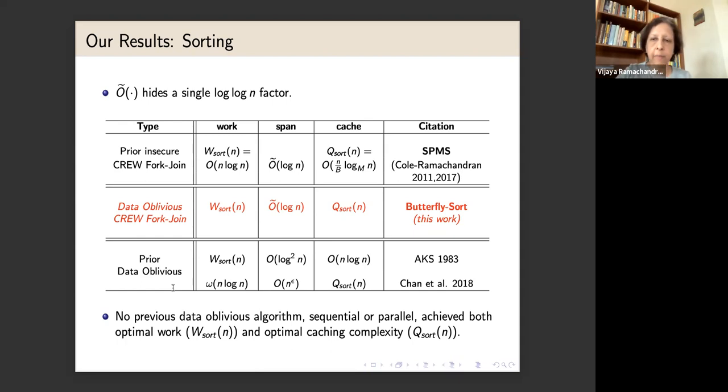I've listed a couple of bounds. AKS, the sorting network, achieves optimal work, but it's way off in caching complexity, and its span is also larger than ours. And Chan et al. achieve cache oblivious, cache agnostic optimal caching cost, but they don't get optimal work, and their span is pretty large.